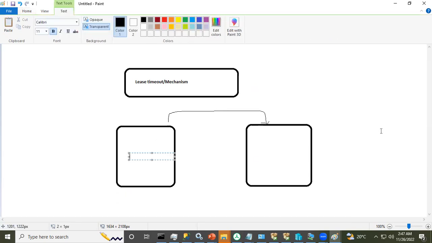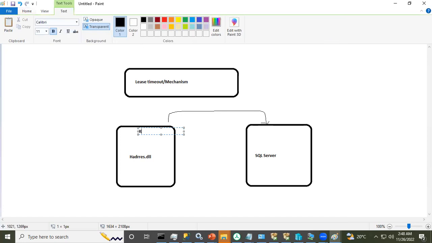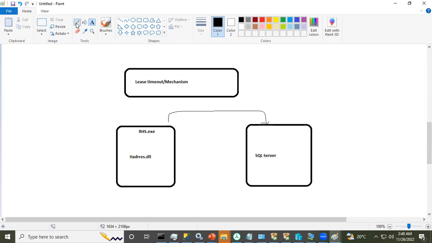Okay, HADR resource.dll, you have a SQL Server. Of course, here it is RHS.exe, the resource hosting subsystem. You have the RHS.exe with the HADR resource DLL, and SQL Server here, right?